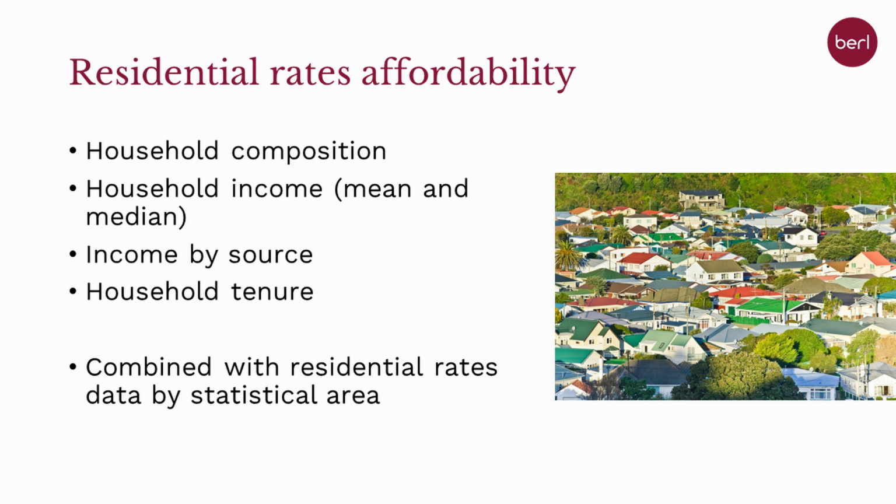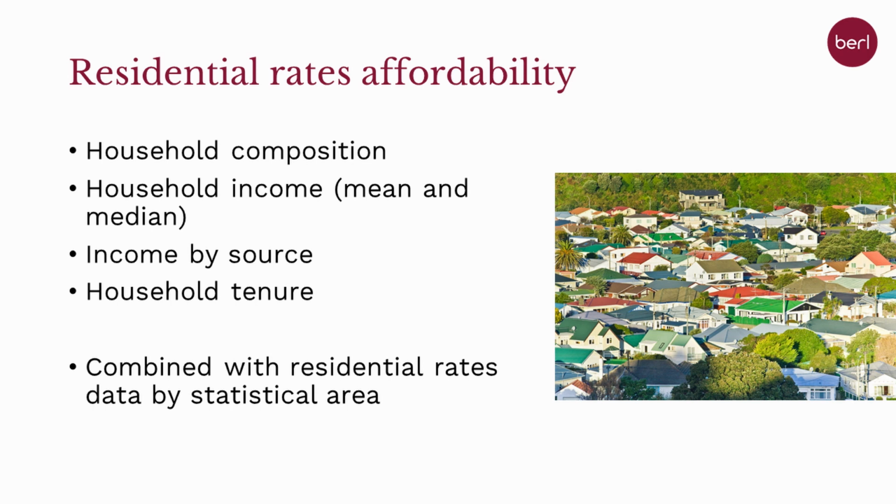Household income data, which can provide median and mean income totals for each household type as well as their income ranges. Sources of income data, which can provide councils with insight on the main sources of income for each household type.